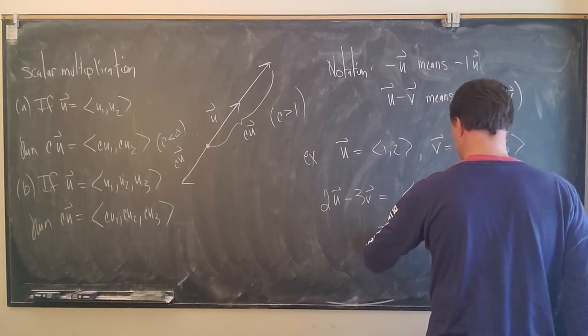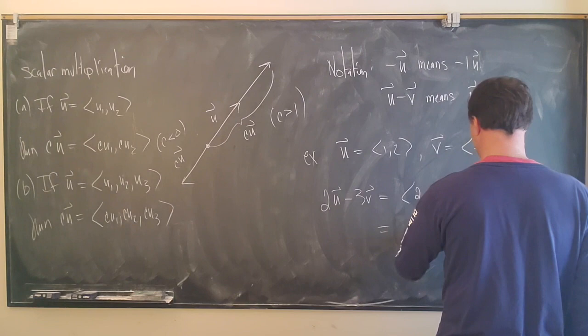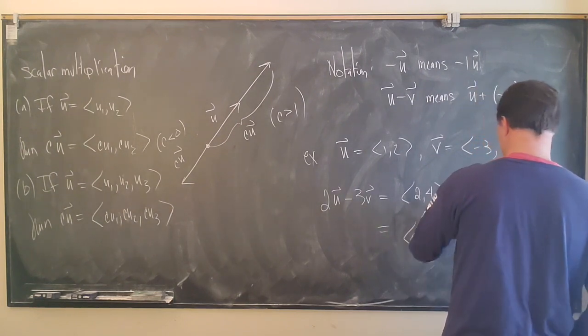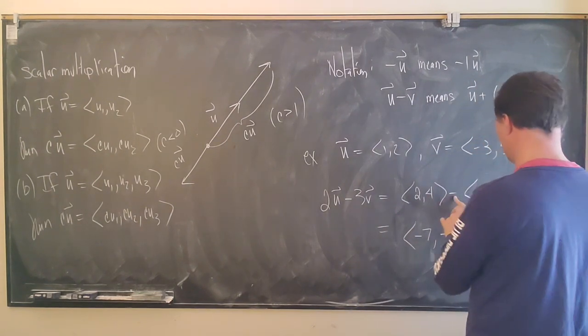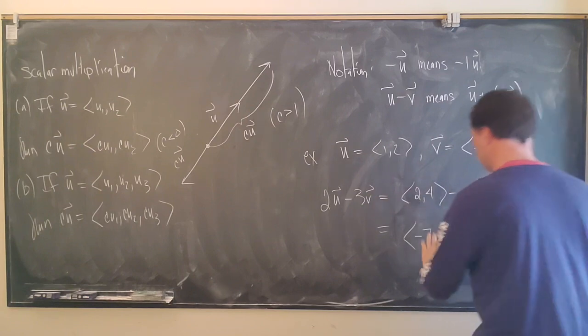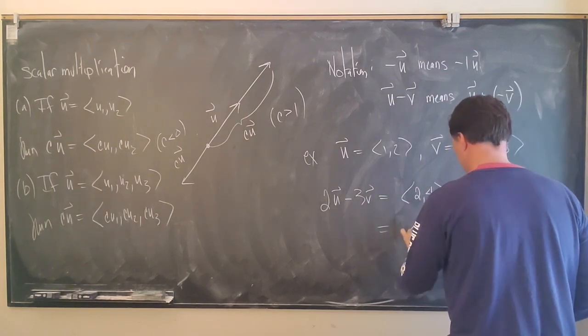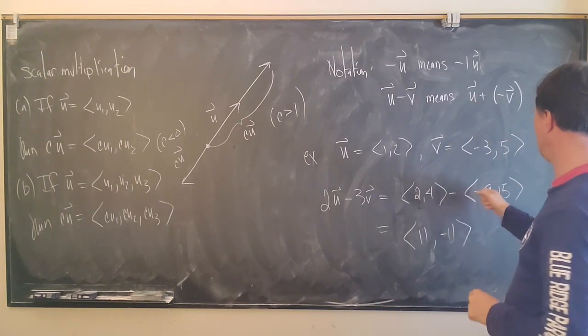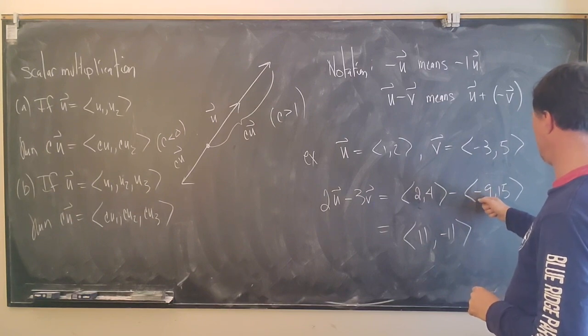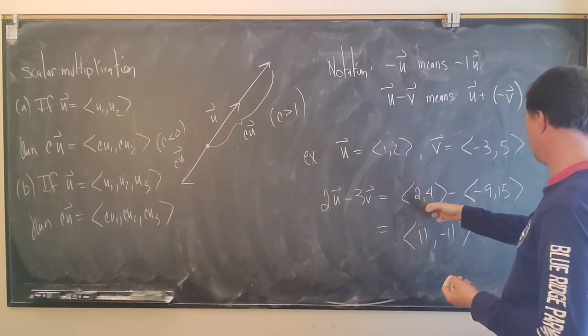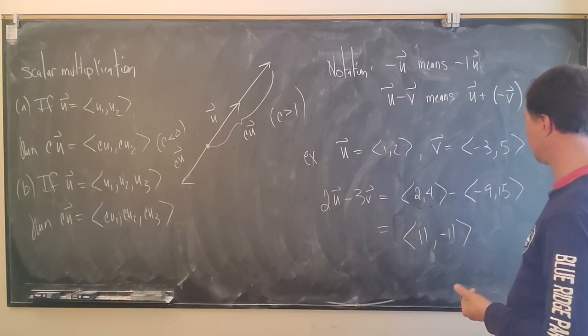So this becomes the vector, 2 plus 9 is 11, 4 minus 15 is negative 11. Yeah, there we go.